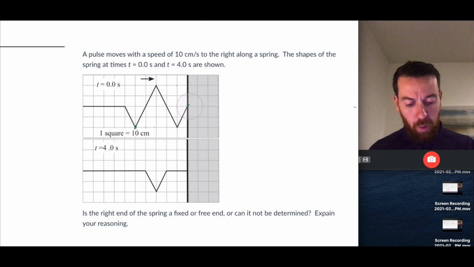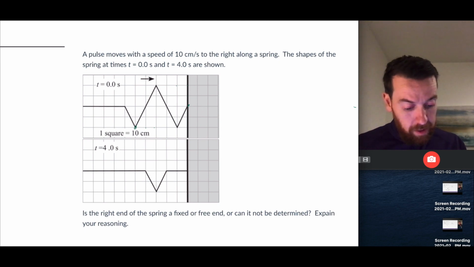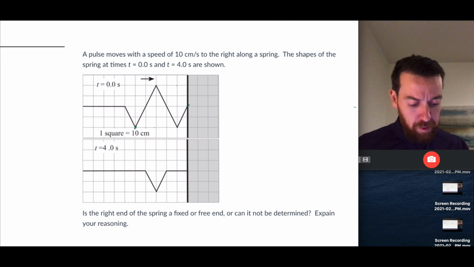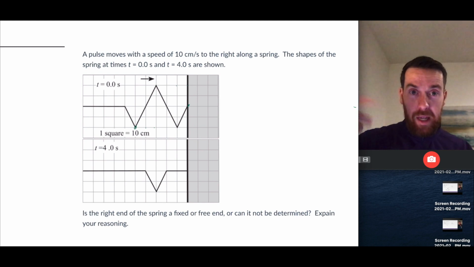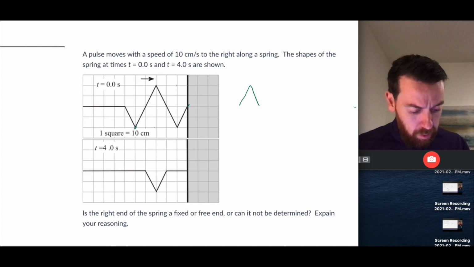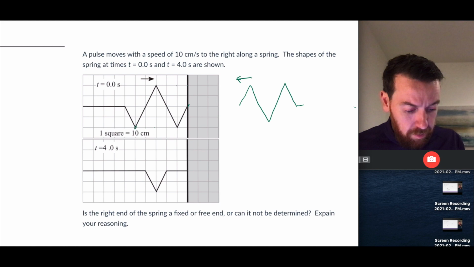Looking at that in more detail, if we were to think a little more loosely about what the reflection would look like: if it was a fixed end, it would be an inversion. So we would expect this to be the reflected pulse for a fixed end.